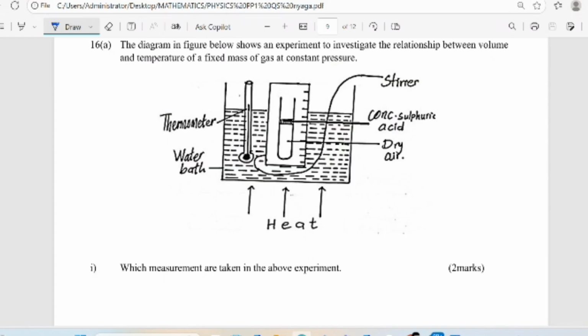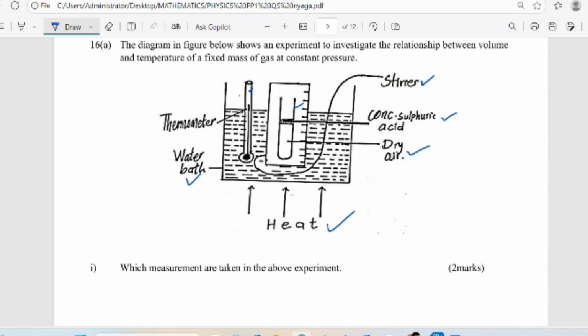You can look at the diagram well, where we have a thermometer, a stirrer, concentrated sulfuric acid, dry air, and I think this one is a tube. We also have a water bath.